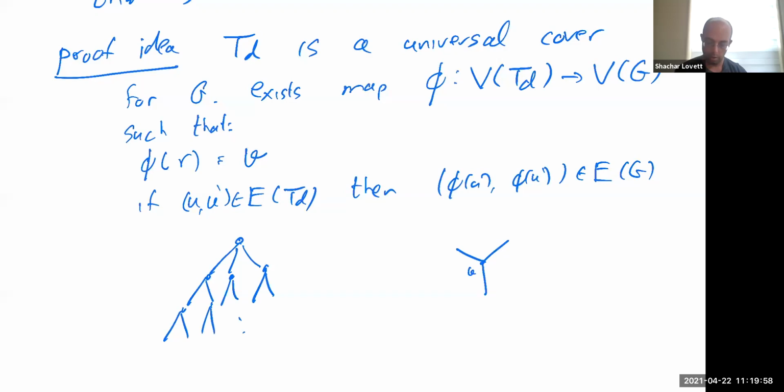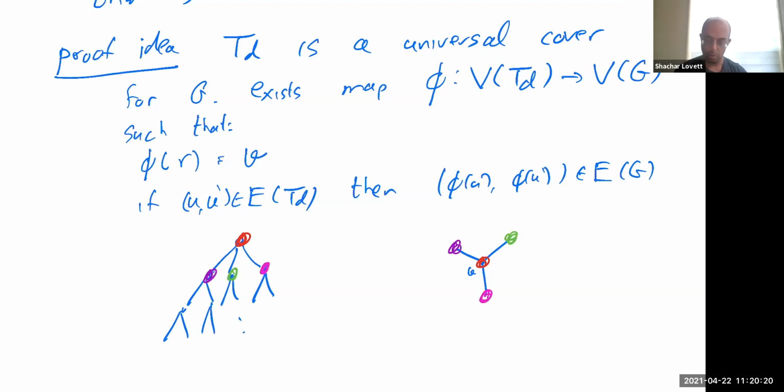We map the root to V. Okay, so we did one. Now we take all the neighbors of the root and map them to the neighbors of V. So maybe this goes here, this neighbor goes here, and this neighbor goes here.